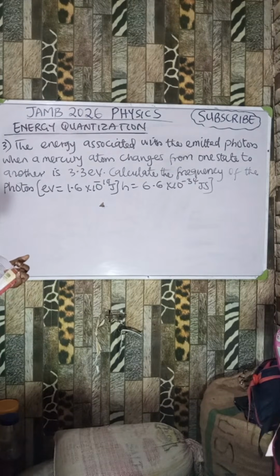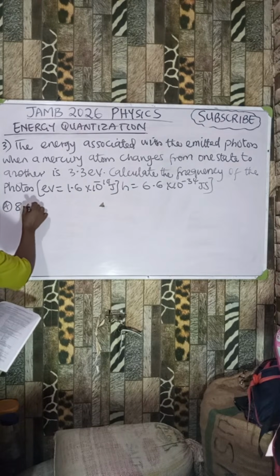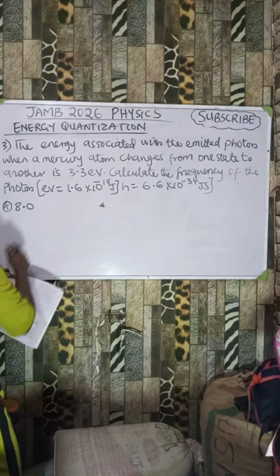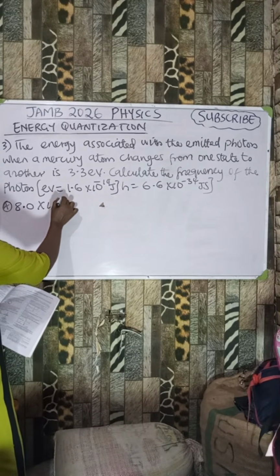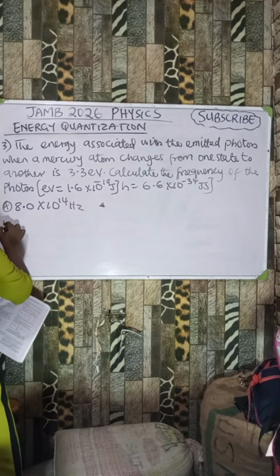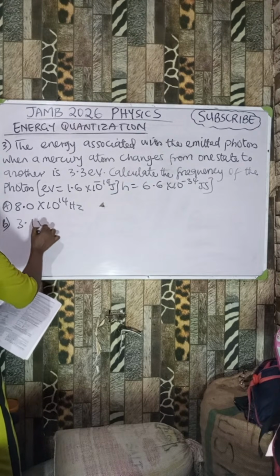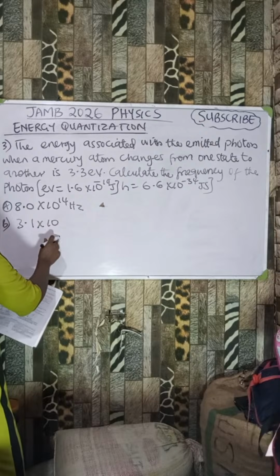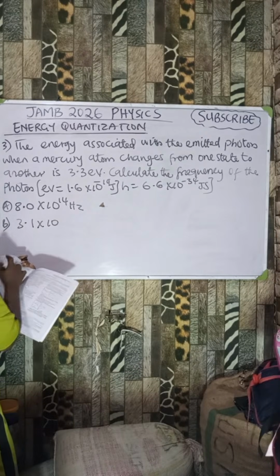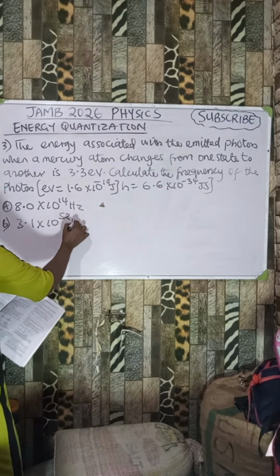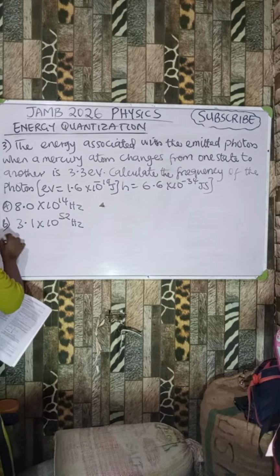All right. So we have the following options here. Option A, 8.0 times 10 power minus 14 Hz. Option B, 3.1 times 10 power minus 52 Hz.